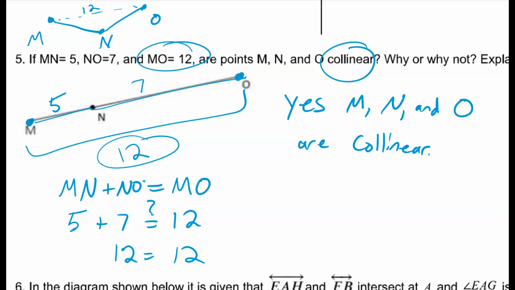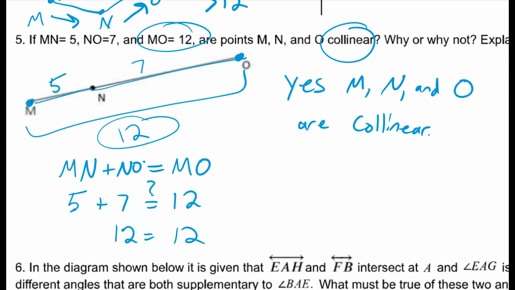Because remember, the shortest distance between 2 points should be a straight line. So if the distance from M to N and then from N to O was greater than 12, then N would not be on the same line segment, and it would not be collinear.